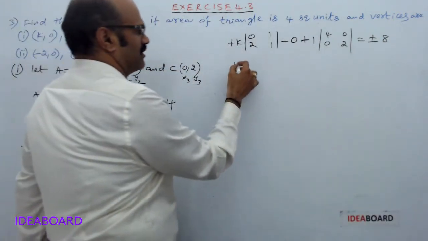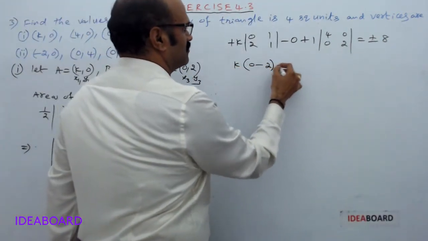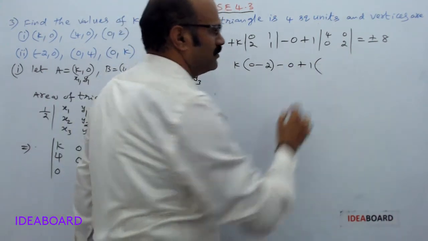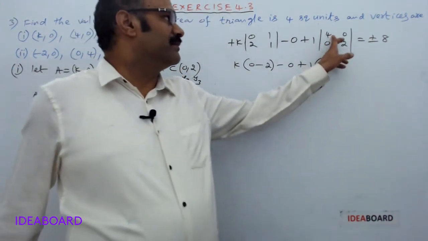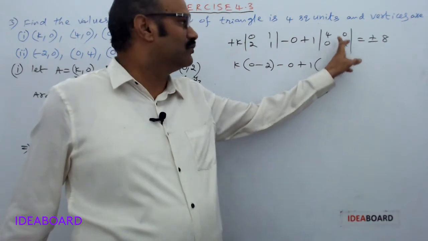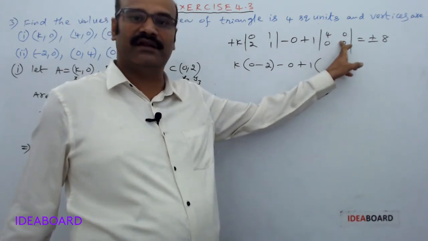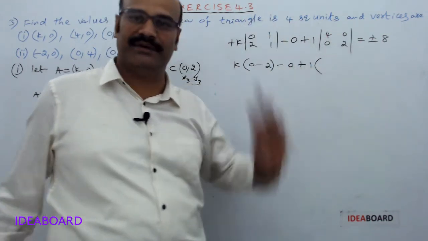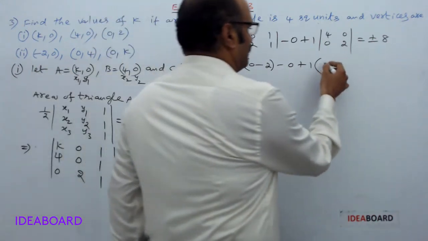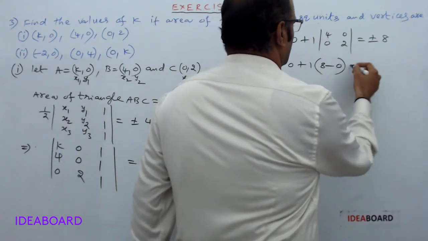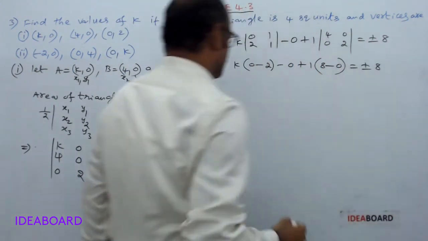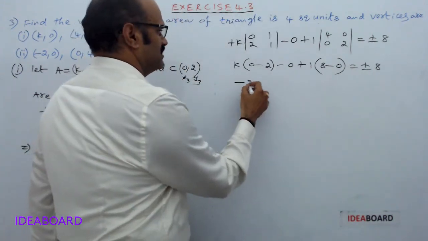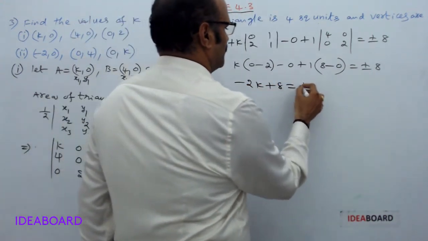Then it implies k into (0 minus 2) minus 0 plus 1 into the determinant of a 2 by 2 matrix, which is always the product of the principal diagonal elements minus the product of the other diagonal elements: 8 minus 0, equal to plus or minus 8. So minus 2k plus 8 equals plus or minus 8.